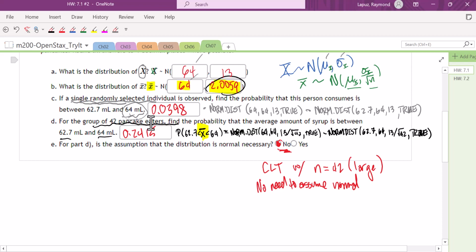But one of them uses the original distribution while the other one uses the mean of the sample's distribution. And so that's where it makes a difference in your responses. So your standard deviation changes from one problem to the next. All right, I hope that helps. Good luck.